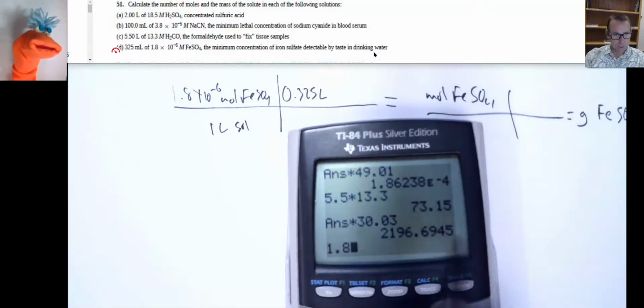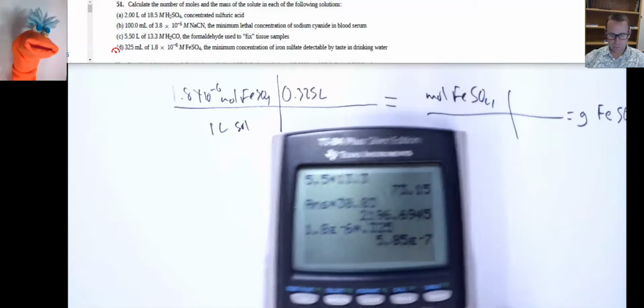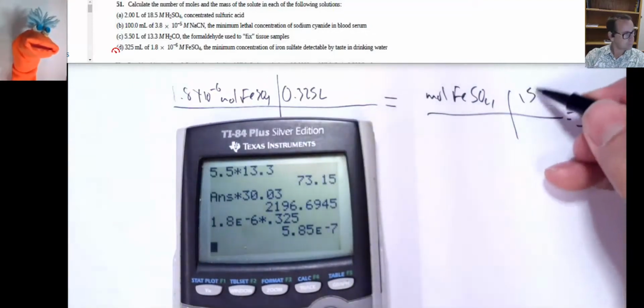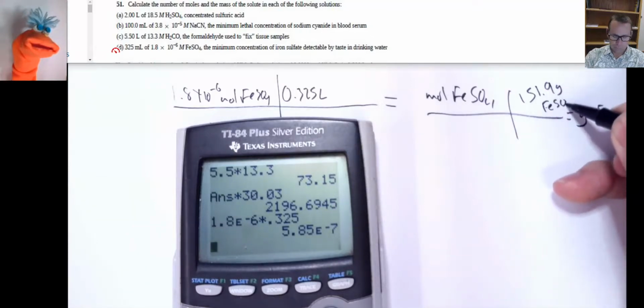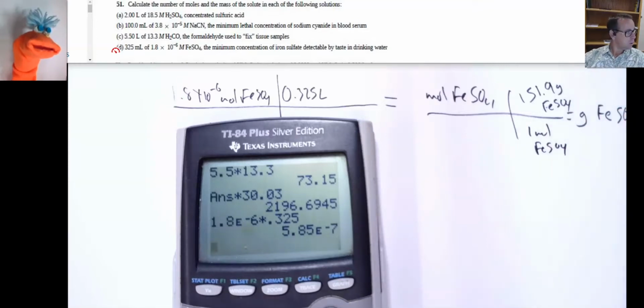So 1.8 times 10 to the minus 6 times 0.325. That's how many moles of iron sulfate. Let's find the molar mass of iron sulfate. According to Wikipedia, iron sulfate denotes a range of salts with the formula FeSO4 xH2O. These compounds exist most commonly as a heptahydrate, but several values for x are known.